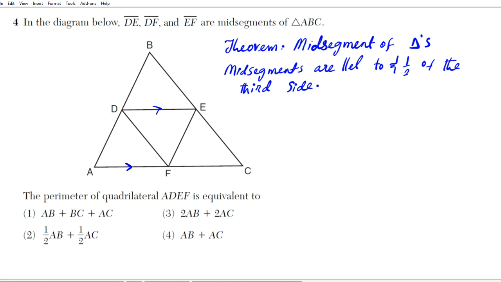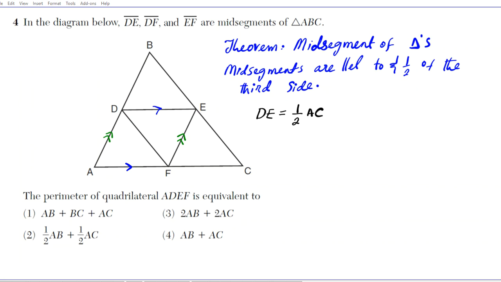Okay, and then we also know that AD is going to be parallel to this mid-segment EF, which will be half of this third side AB. Okay, so let's go ahead and write down some equations. DE, that mid-segment, is going to be half of AC.